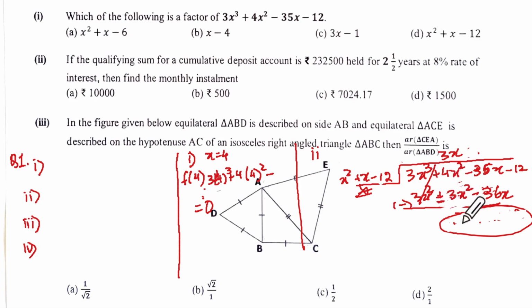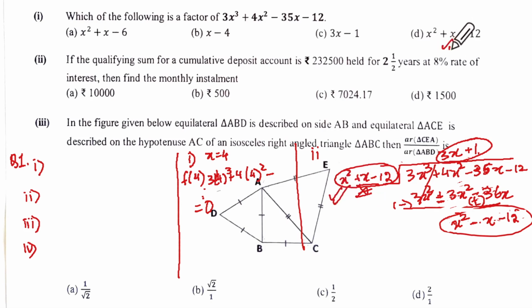Here you will get x squared, and this will become minus x minus 12. So if you take plus 1, can you see that this is the factor?